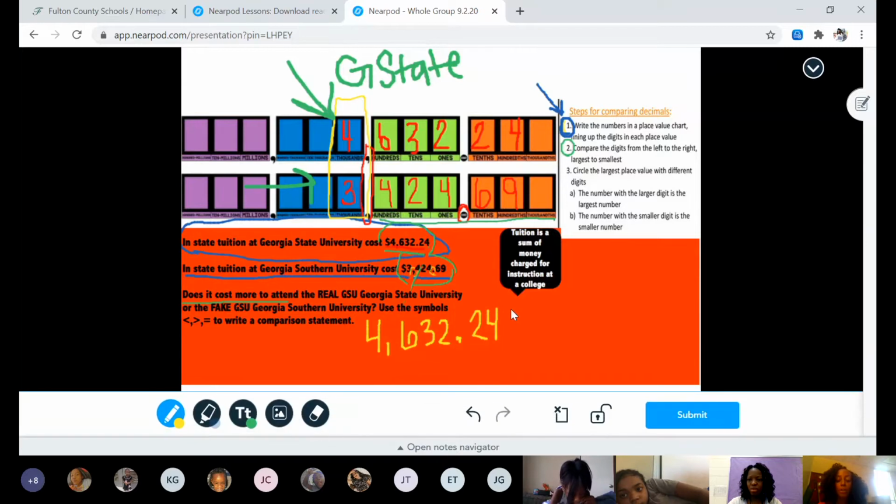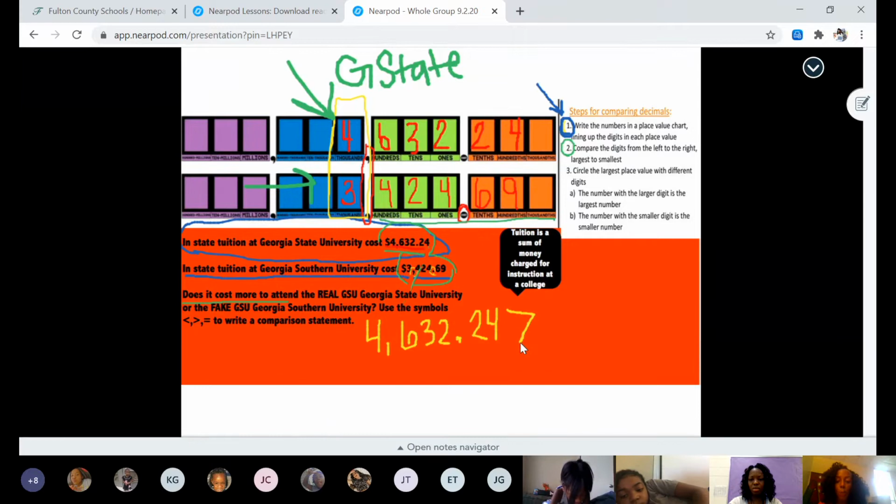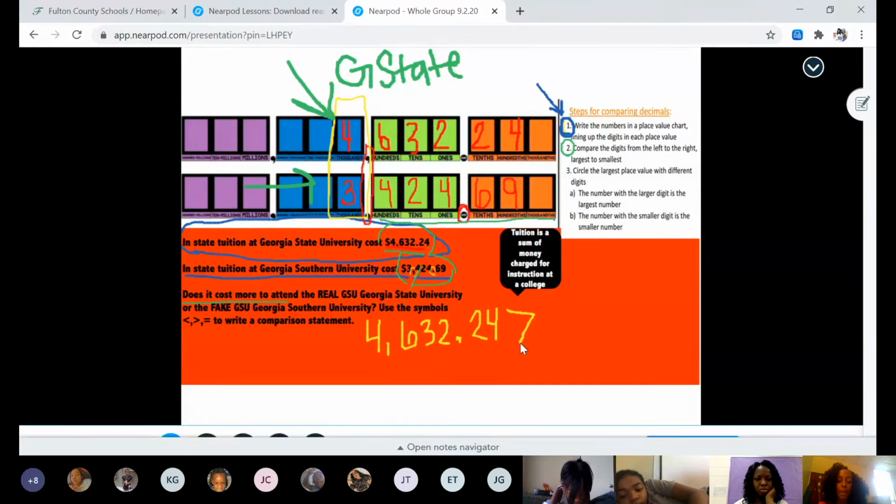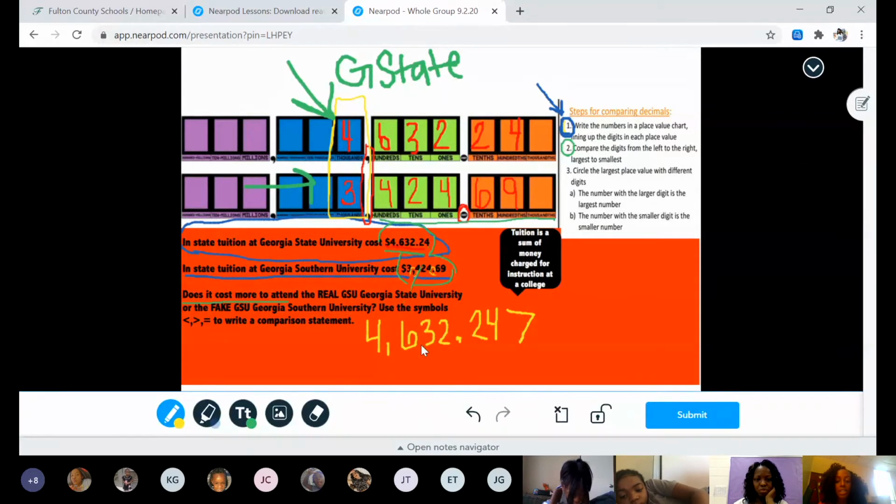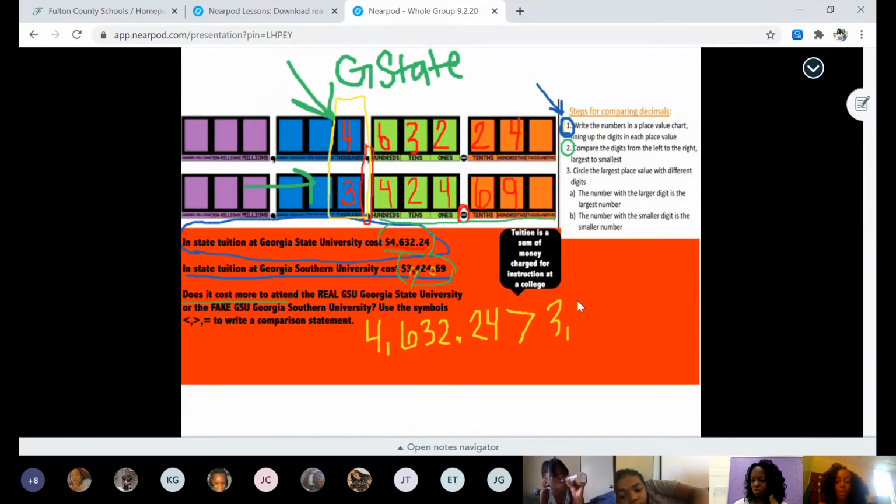So I'm going to use the greater than symbol, and the greater than symbol, I know it has the largest opening facing that number. 4,632 and 2,400 is greater than 3,424 and 6,900. That's my comparison statement.